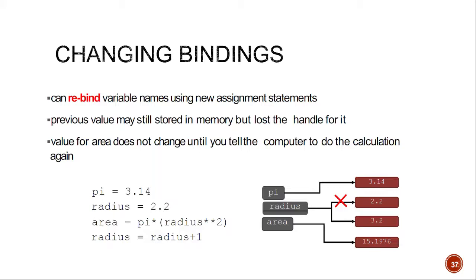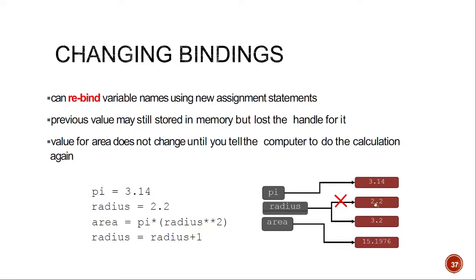Note that you can actually change bindings, or you can rebind variable names using new assignment statements. So the previous value may still be stored in the memory, but we lose the pointer to that value. So for example, if we go through this code, we first assign the value of pi, then we assign a value to the variable radius, we then calculate the area, and then perform a modification of the value of radius.